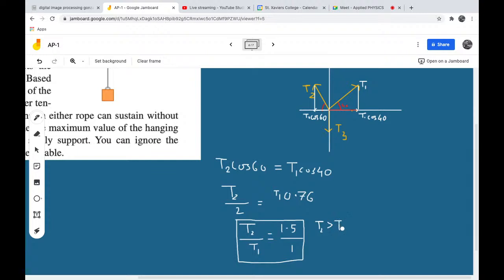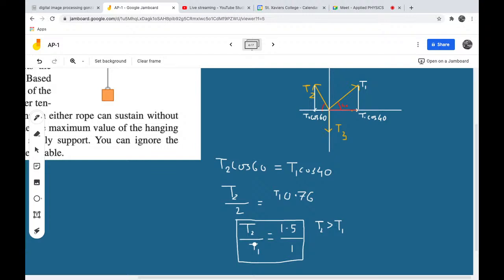Can you tell me what will be the condition under which T2 will be equal to T1? So you can see it's straightforward.